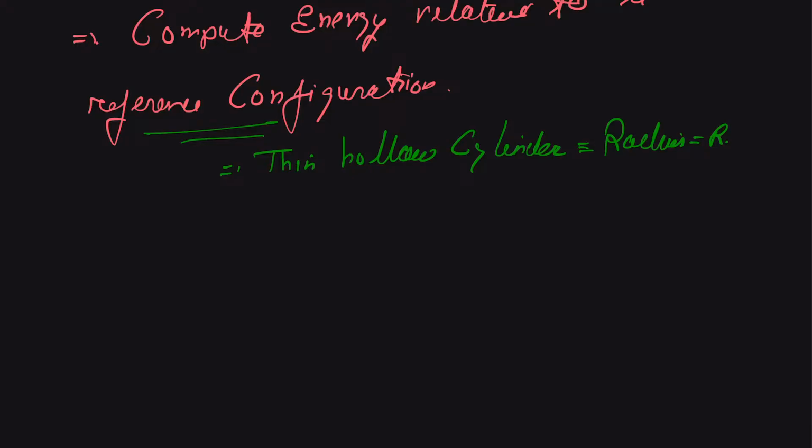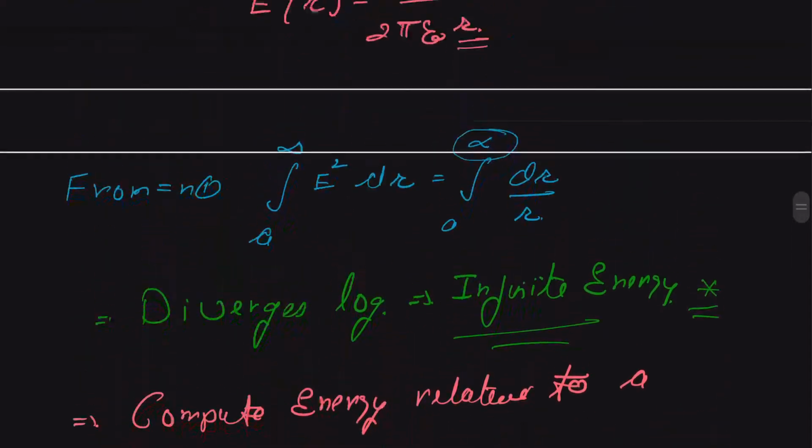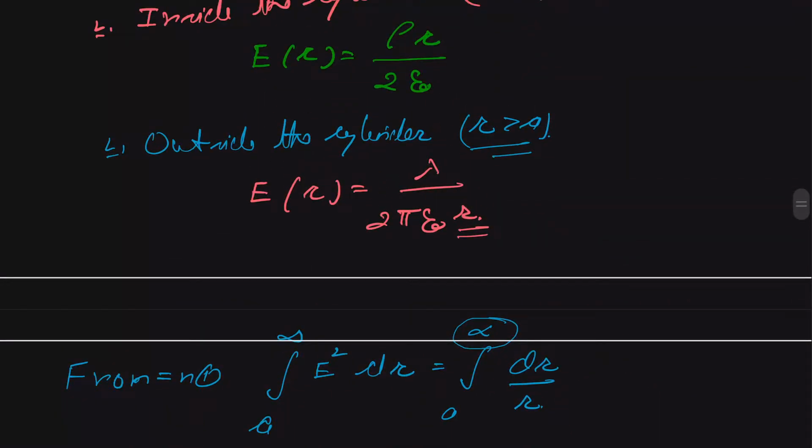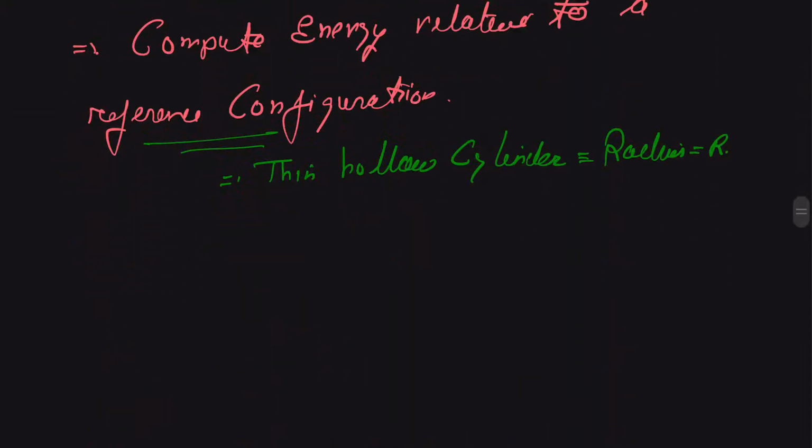But the value of the electric field will be the same for both the cases, because here also this R is greater than A. In this case we can simply write that the field for R greater than capital R is the same in both cases.